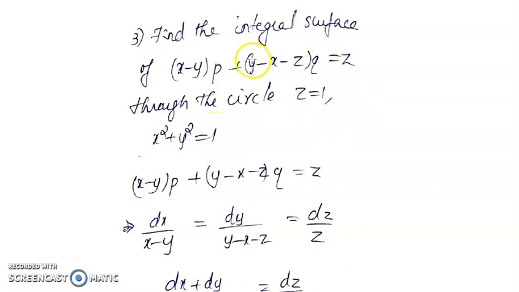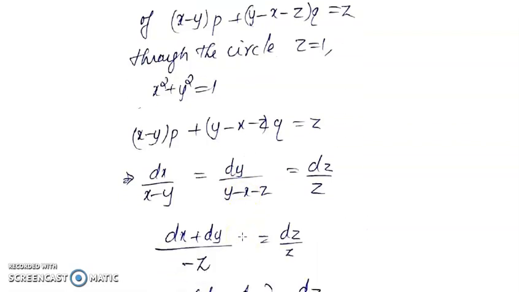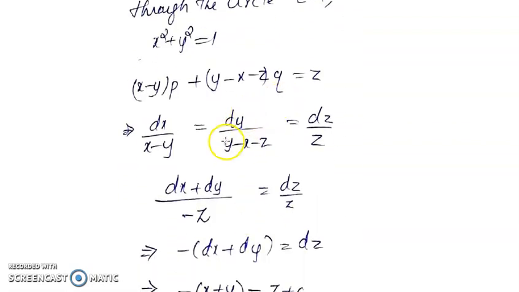So first we will find the general integral of the given PDE. The auxiliary equation is dx by (x minus y) equal to dy by (y minus x minus z) equal to dz by z. Now let me take dx plus dy.